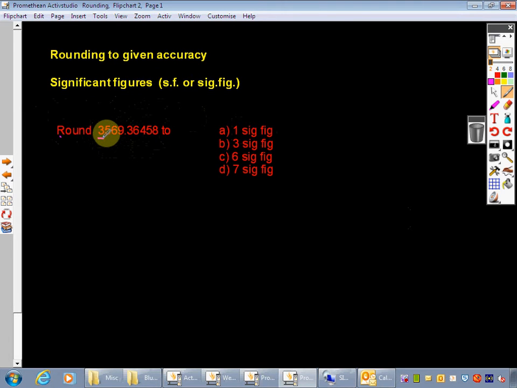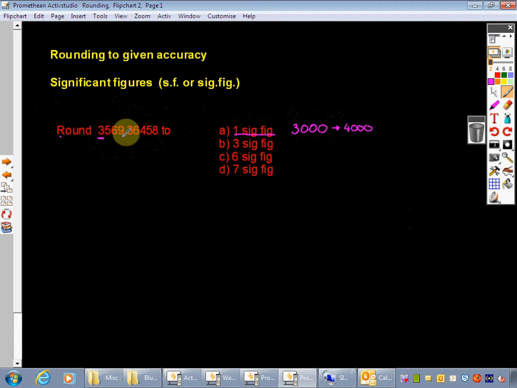So in this case, for one significant figure, it's a 3,000. I'm only allowed to write one significant figure, so I'm going to have to write a 3,000 to start with.